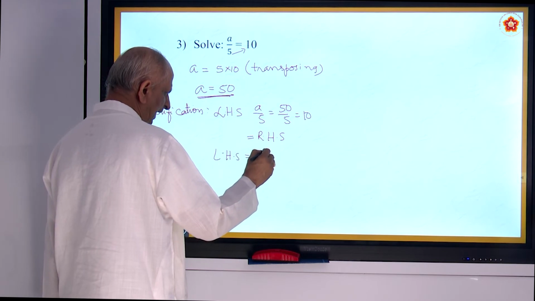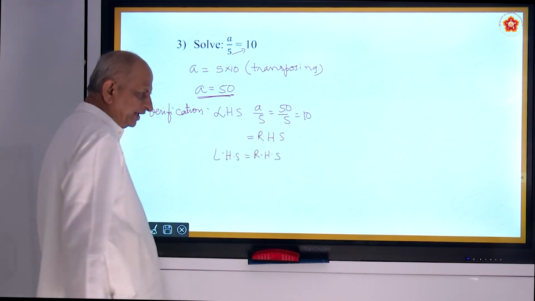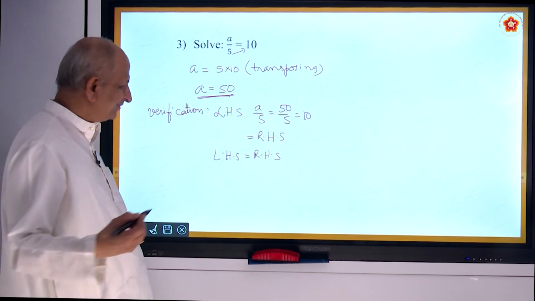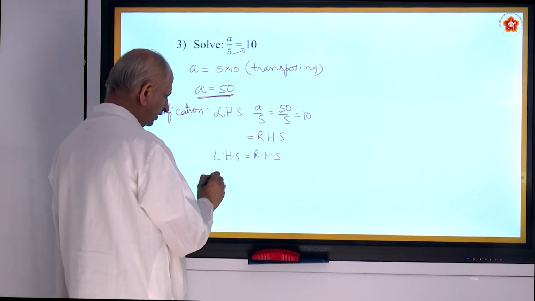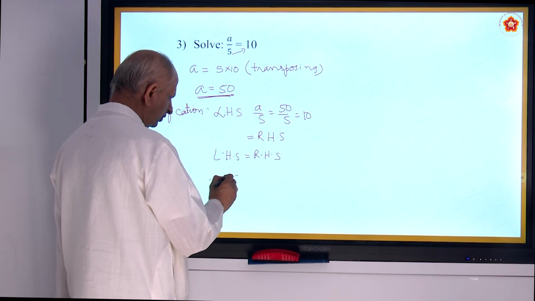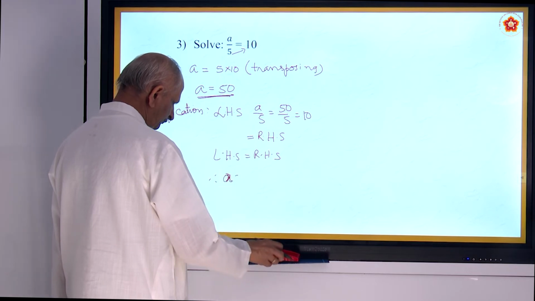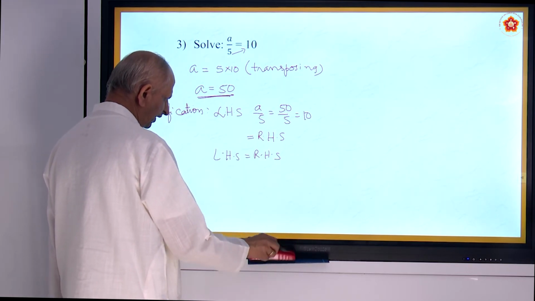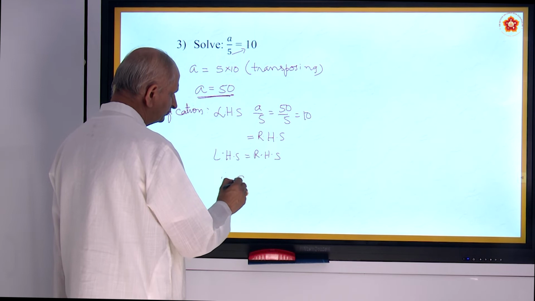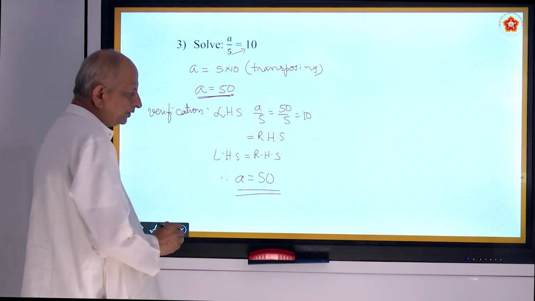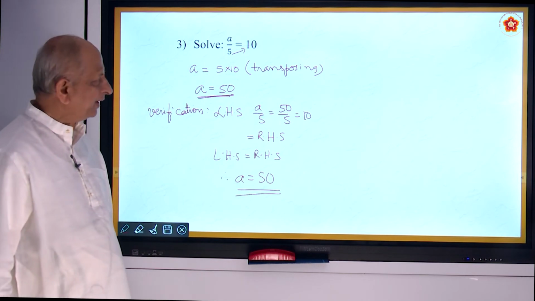The equation is balanced. Just as in chemistry you have a balanced equation, no? Here also the equation is balanced. So the value of a is equal to 50. A is equal to 50 is the correct answer. Noted down? Note down, come on.